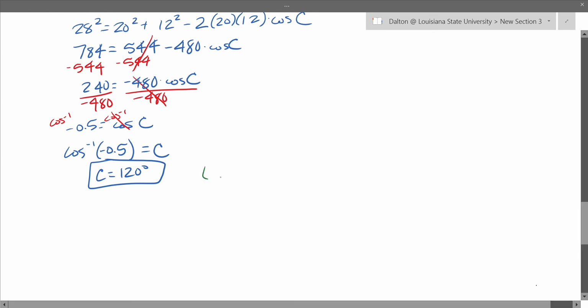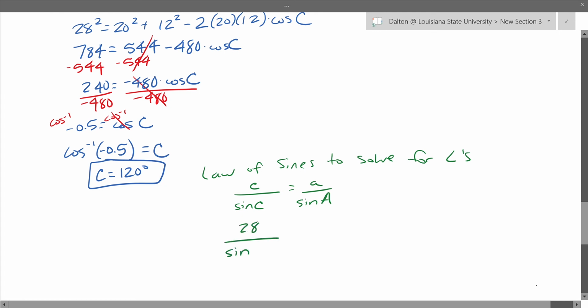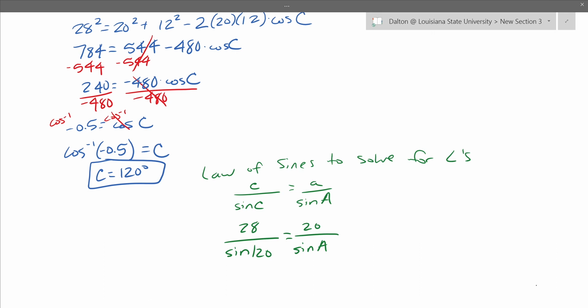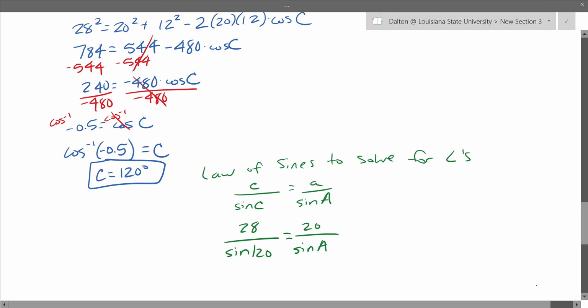So if we switch to the law of sines to solve for the other angles, we're going to do C over the sine of C is equal to, let's just solve for A next, A over the sine of A. So we know C is 28 over the sine of, we just found angle C is 120, is equal to, we know the side length of A is 20 over the sine of A. So maybe you would like to think about this instead as cross multiplying.